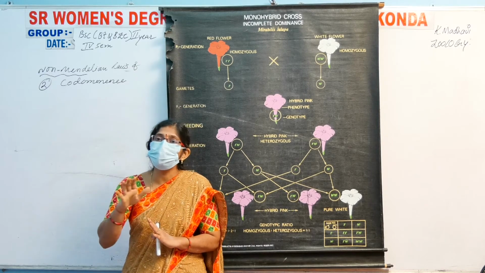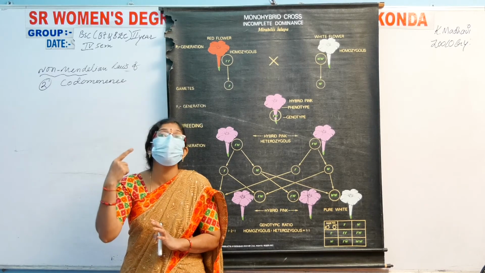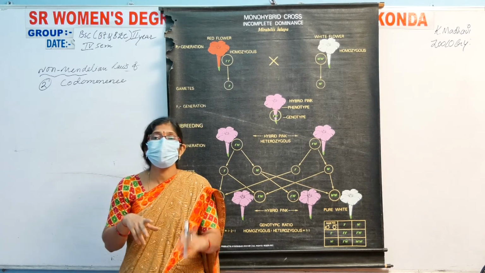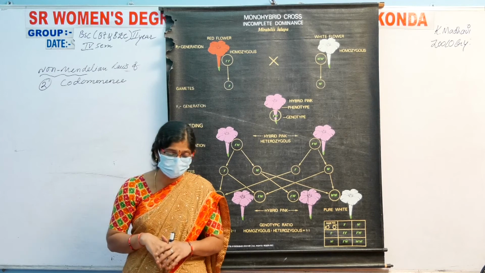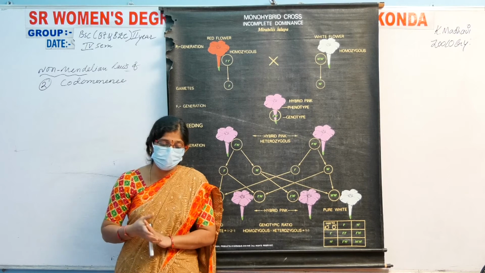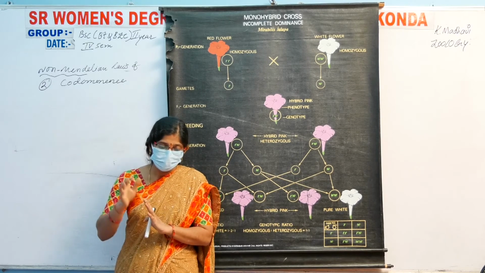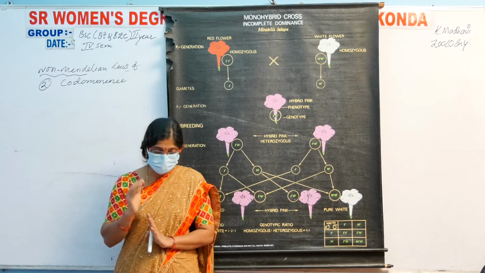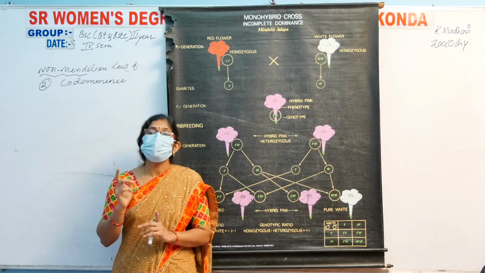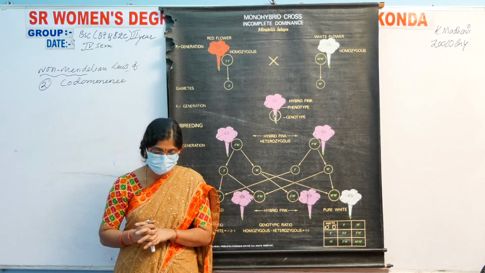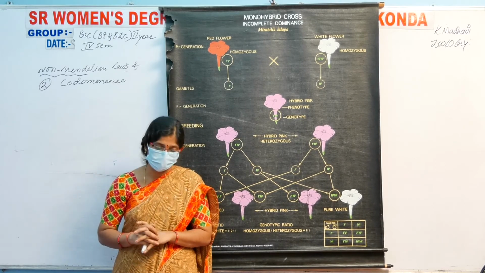The two characters expressed by the two parents are seen side by side equally. The phenotypic and genotypic ratios are the same, that is 1:2:1. This is a modification of the normal Mendelian ratio.